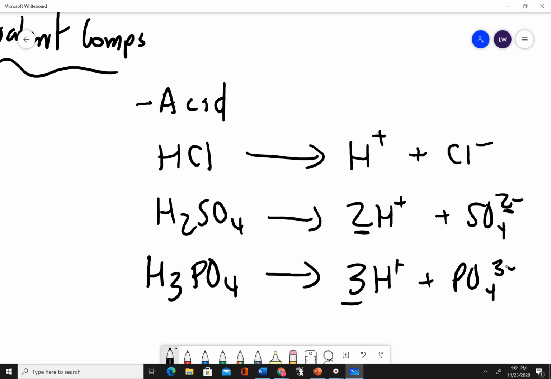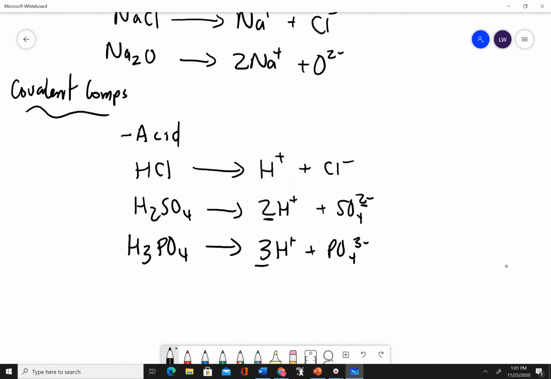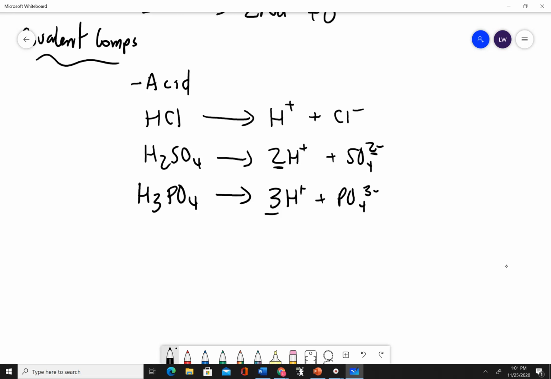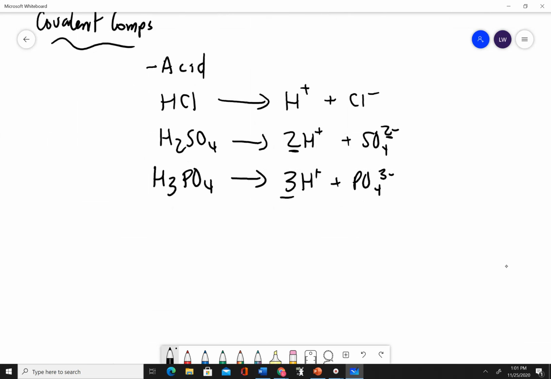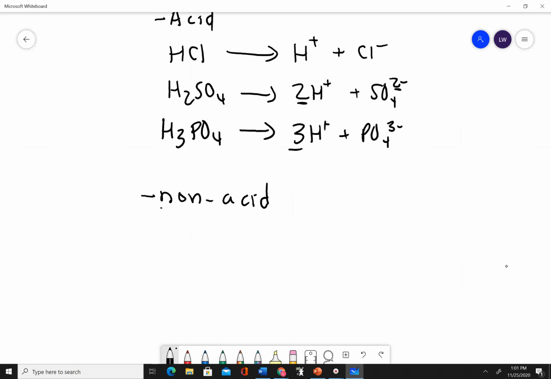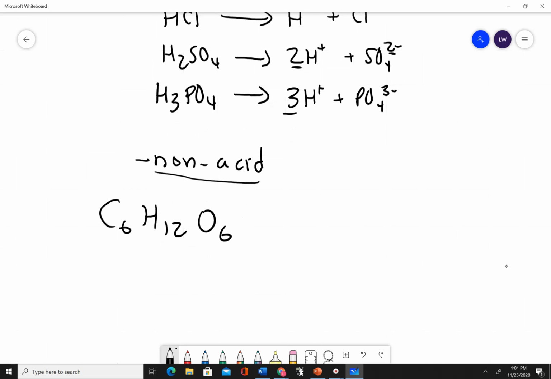It is important to recognize, though, that acids are a class of covalent compounds, or what we call molecular compounds. They're just a special class. Most molecular or covalent compounds are what we call non-acids, right? So something like C6H12O6, it's not an acid, it's actually a sugar.